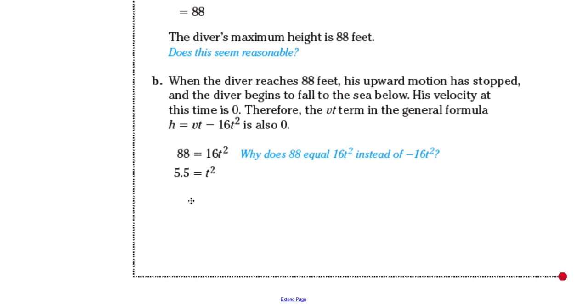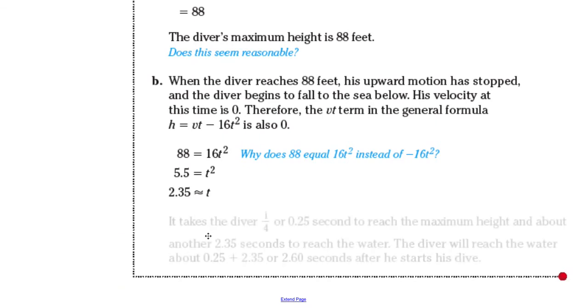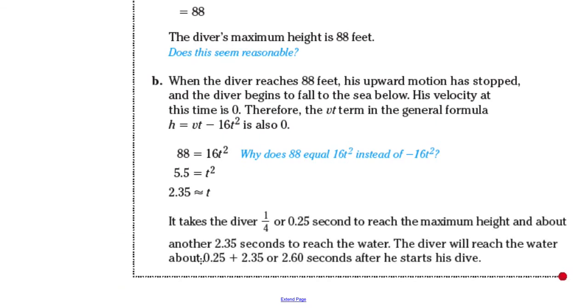We get the square root of 5.5, because that's how you undo the square of t, and that is approximately 2.35. So it takes the diver 1/4 of a second to reach its maximum height, and about another 2.35 seconds to reach the water.